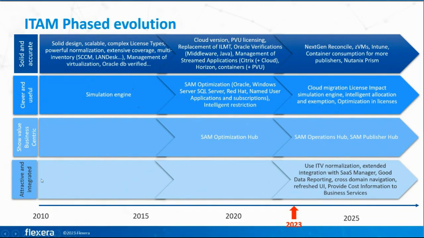And finally, the last and next step for us is to be more attractive and integrated. So the technology of ITAM has evolved a lot. The UI could be refreshed a little bit. And the idea is that we're going to use the normalization of the Flexera One ITV platform instead of calculating and normalizing ourselves.